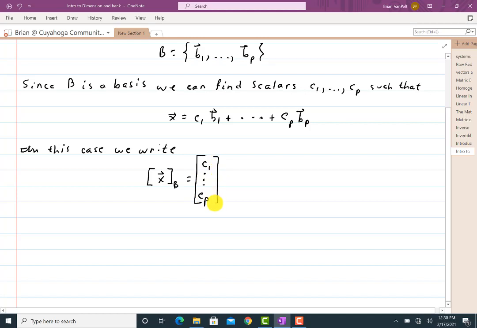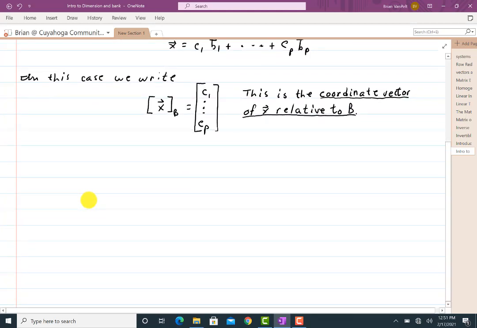So that's the vector for X sub B. We call it the coordinate vector of X relative to B. And the indication there is if you were to use a different basis, then you, of course, would have a different coordinate vector for X.